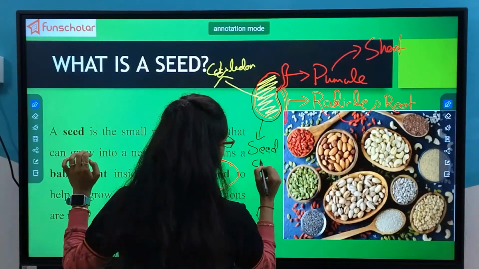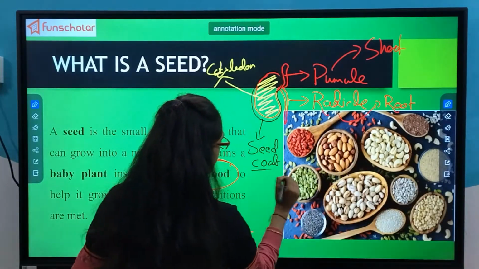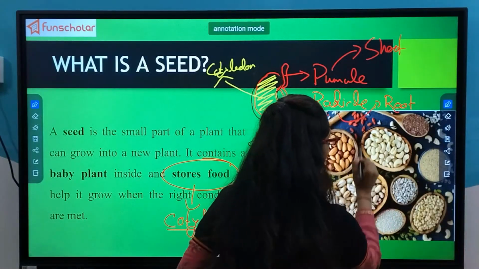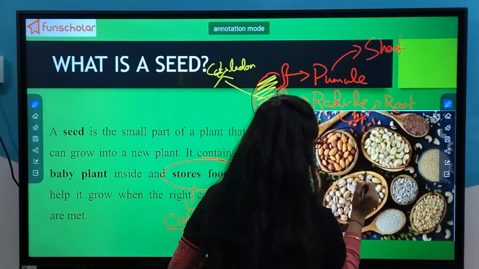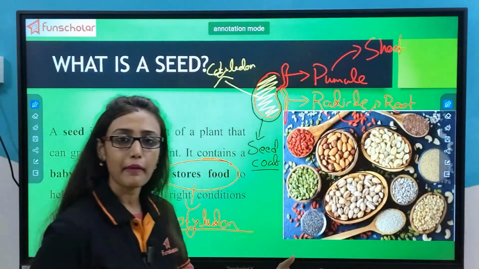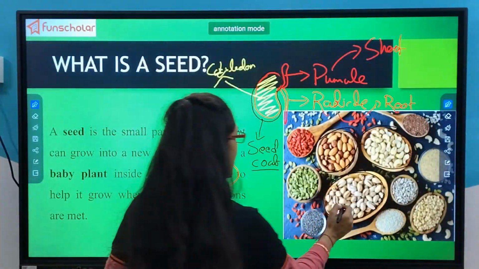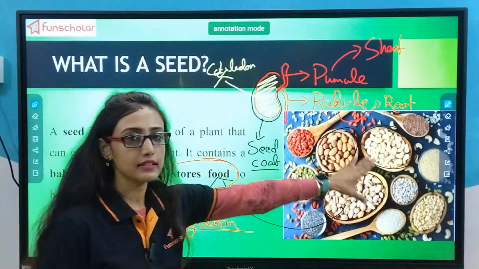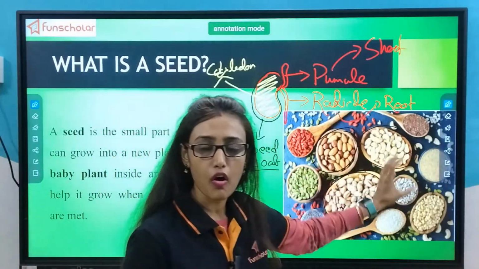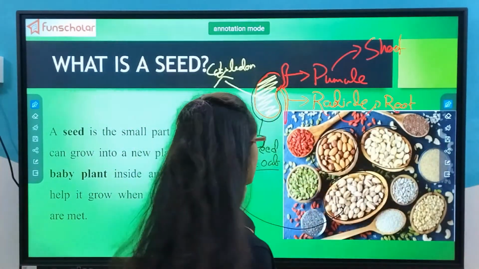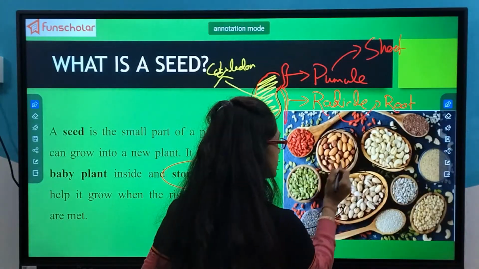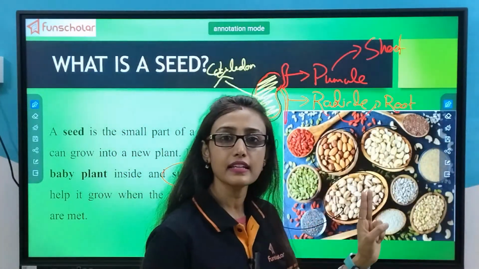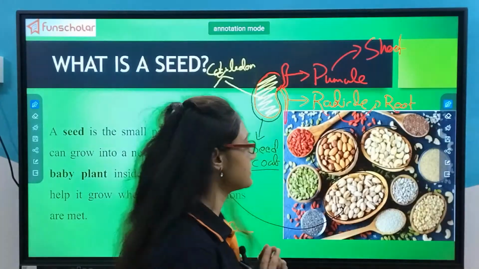Okay. So here kaju, almond, pista, what are we basically eating? We are eating the stored food of the plant. So kaju is nothing but cotyledons of kaju seeds. Almond has a seed coat also, and inside it has cotyledons.